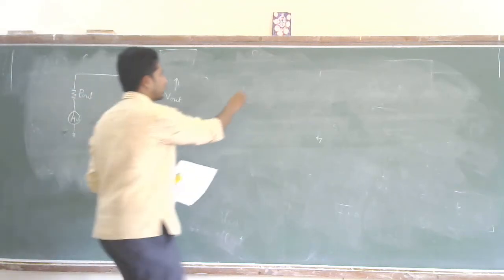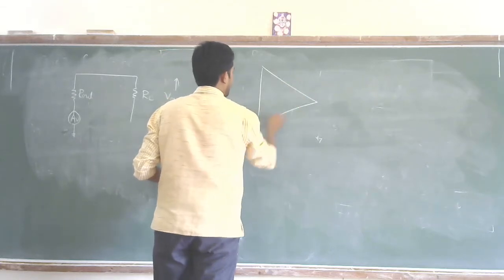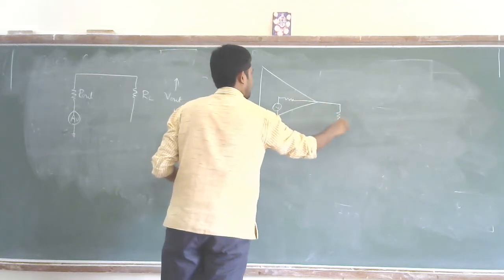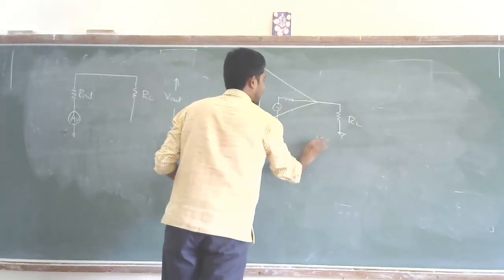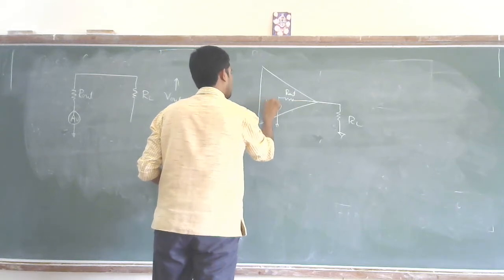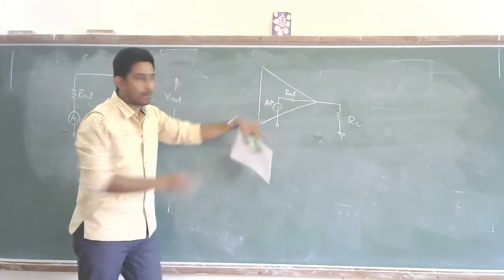See, it is as simple as this. If I consider the op amp, this is the same thing I have redrawn over here. Look here, the op amp output side.